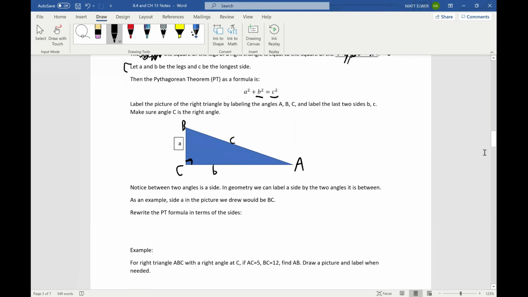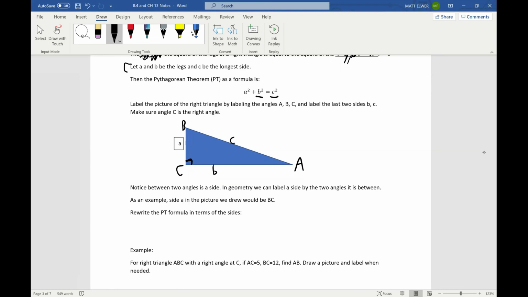Okay, so a little bit more terminology here. Notice that we have 2 angles, and between 2 angles is a side, right? So between B and C, we have side A, rather, right? So in geometry, we can label a side by the 2 angles that it's in between, okay?